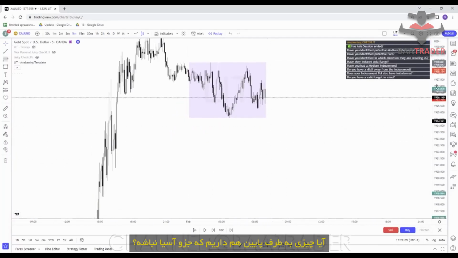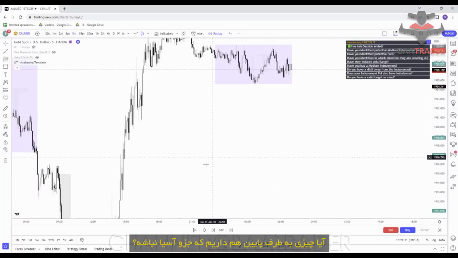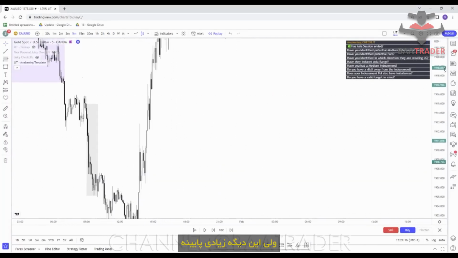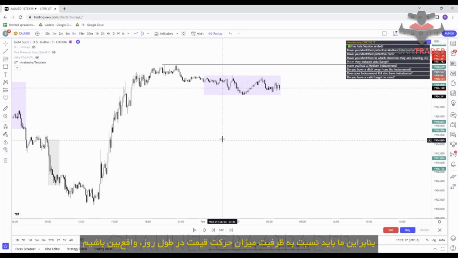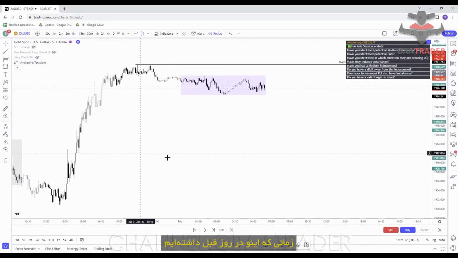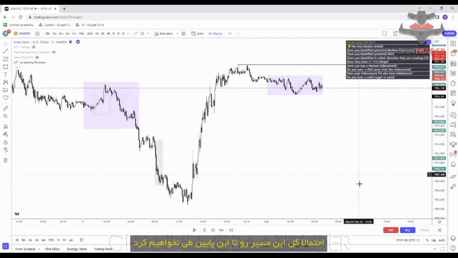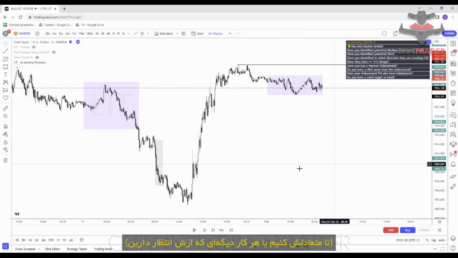Do we have anything to the downside that's not Asia? Technically, yes, but this is very, very low. So we have to be realistic when it comes to how much price can potentially move in a day. The chances are, if we've had this the day before, we're probably not going to be going all the way back down there to mitigate or whatever you want to expect from that.